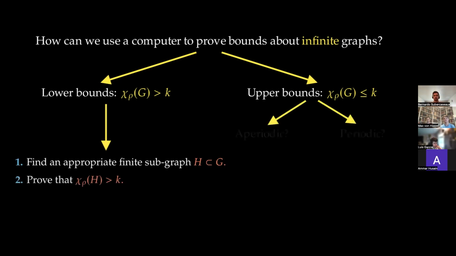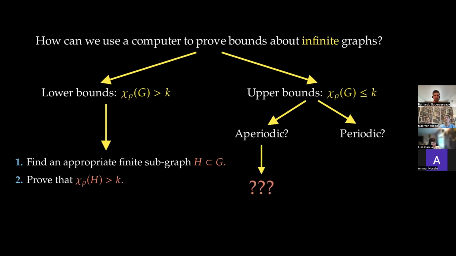For upper bounds, we get a second separation. Because for an upper bound, we need to show that it is possible to color these infinite objects. And to color infinite objects, basically, you can think of colorings as either periodic, like the ones I showed earlier, where you show how to do that and then say, oh, and I can repeat this forever, or aperiodic colorings, in which there's not a pattern that you're repeating, but somehow you're able to always keep finding colors within the appropriate range from 1 to k.